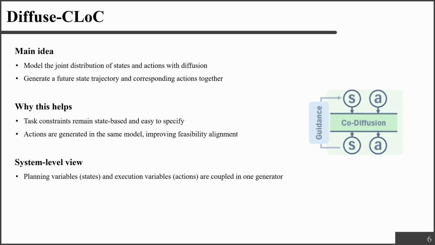At the same time, feasibility is addressed because the model is trained to generate actions consistent with the generated states under the physics dynamics represented in the data. The key expectation is that inference time guidance applied to the state trajectory will also influence the action trajectory because both are part of the same joint sample.